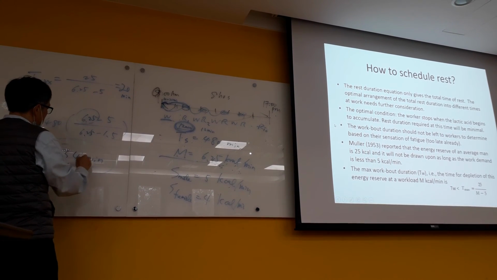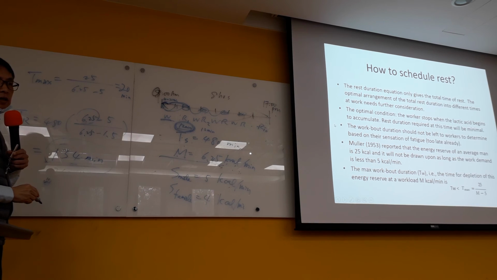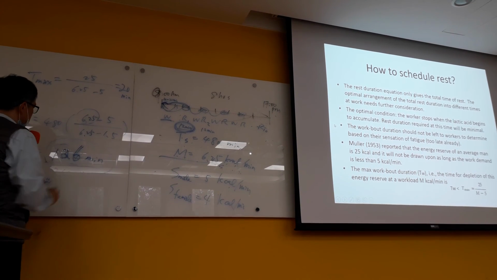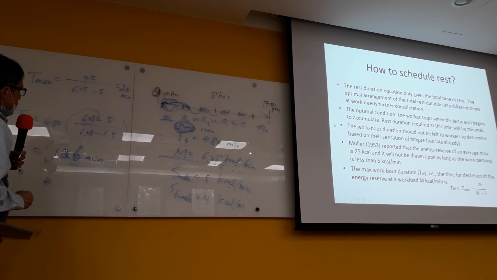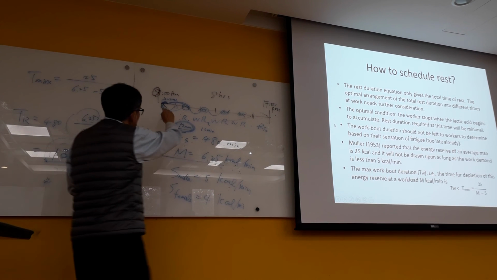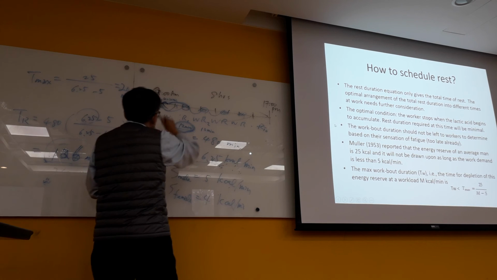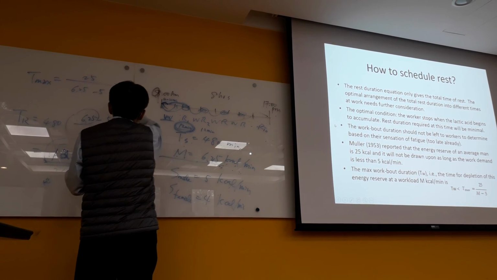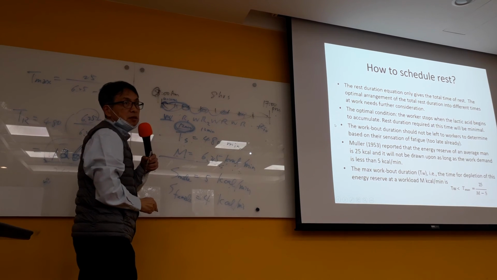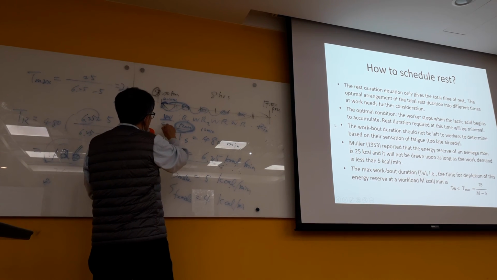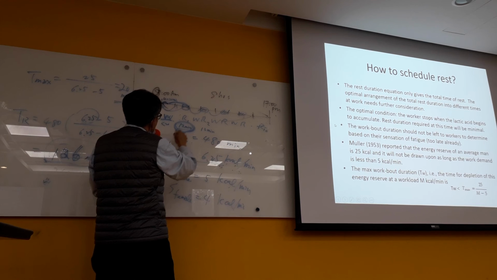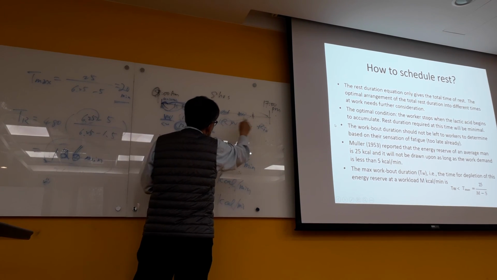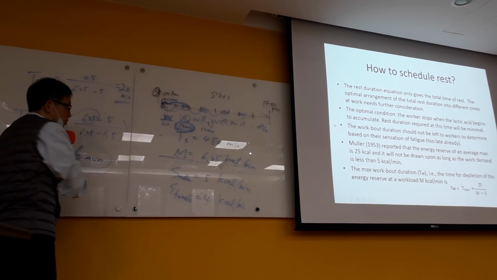Is that right? 126. Okay. So we have to design 126 into the 8 hours. But each work bout must be less than 20 minutes. So this must be less than 20, and the summation of the total rest should be equal to this, right?